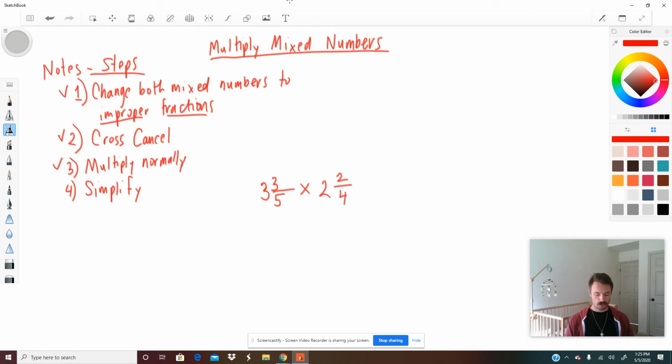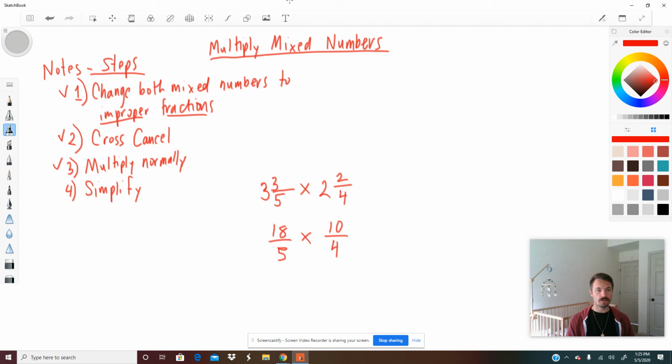Okay. First step, change both mixed numbers to improper fractions. 3 times 5 is 15, plus 3 is 18, and our denominator stays the same. Times 2 times 4 is 8, plus 2 is 10, and our denominator stays the same.